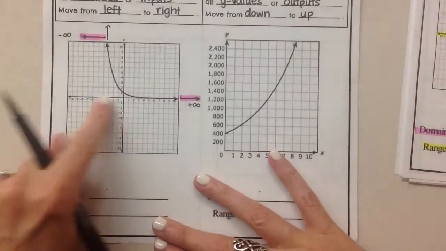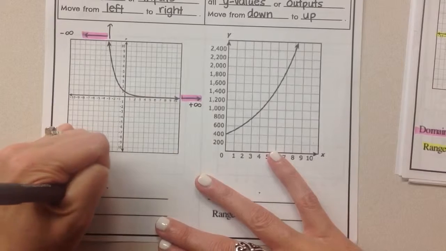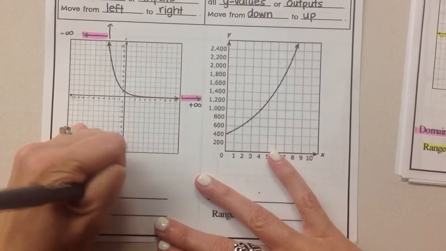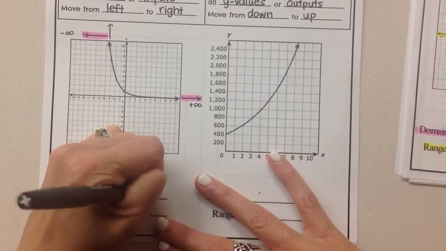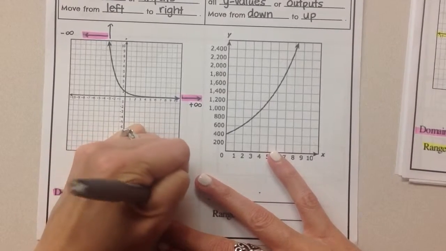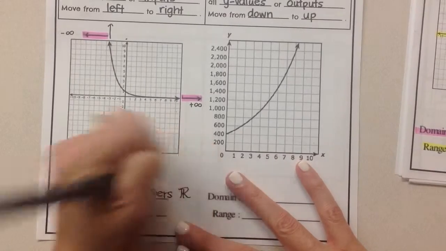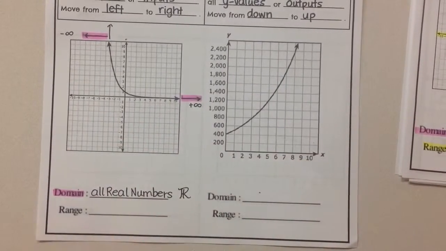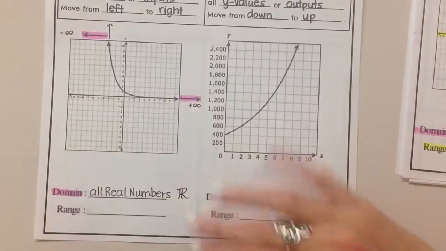Well, if you go all of the x values on the left and you're using all the x values going to the right, you have a domain of all real numbers. Now, you can also abbreviate all real numbers by using that double R. So you may see either all real numbers, that's if you have arrows at both ends. You know you're going all the way left and all the way right.